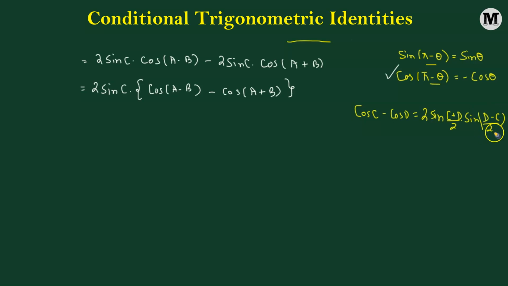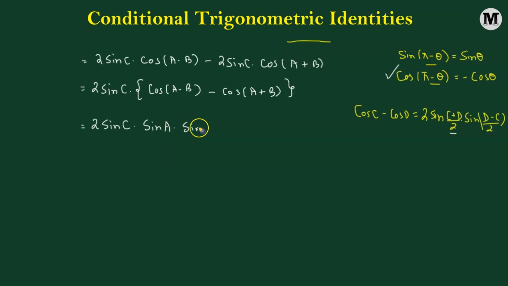Here we have to be a little careful: it's D minus C, not C minus D. So we have 2 times sine of C multiplied by, where C corresponds to A minus B and D corresponds to A plus B, sine of the sum. A minus B added to A plus B gives 2A, and dividing by 2 gives simply A.